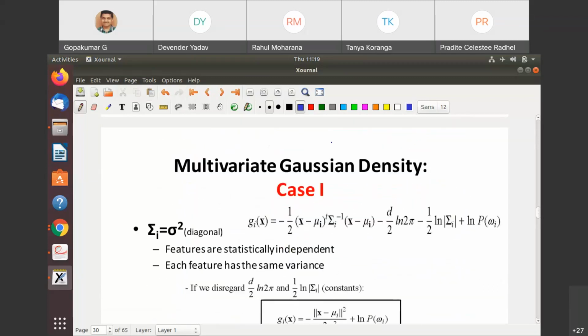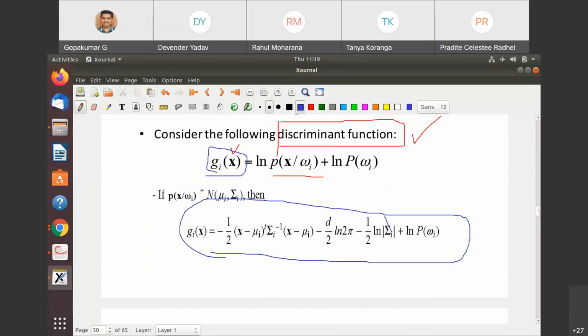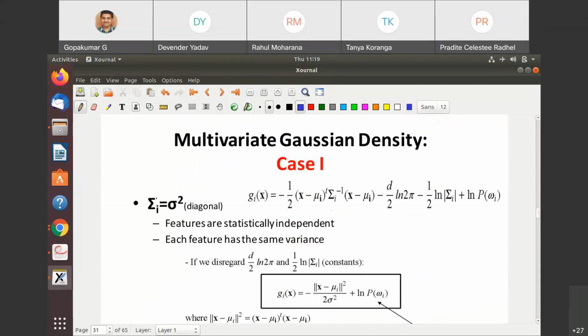And then we will be seeing different cases. The most crucial part here is the covariance matrix, as we discussed yesterday. So we are seeing three different cases.